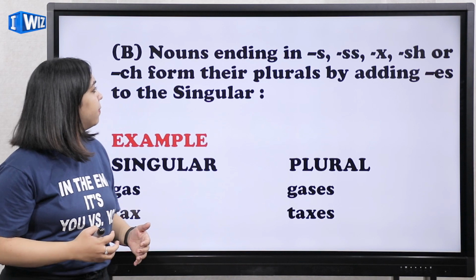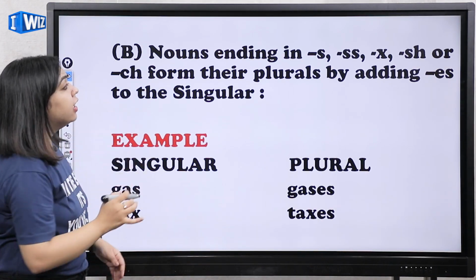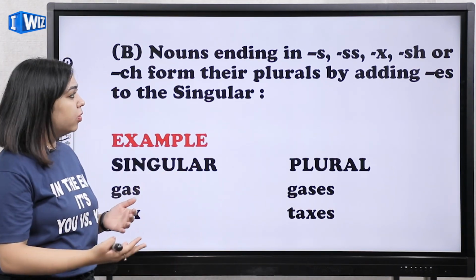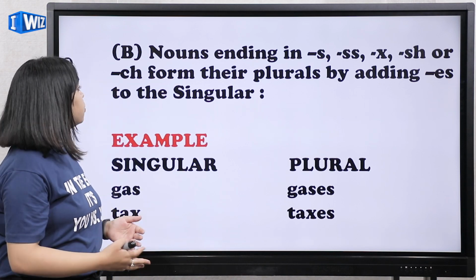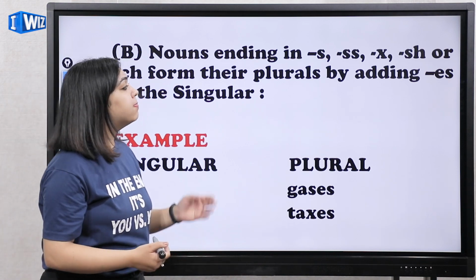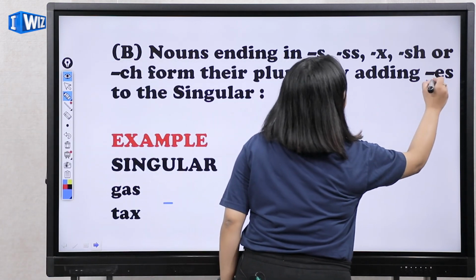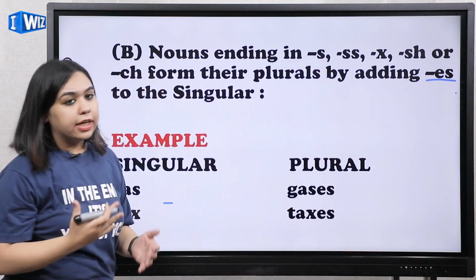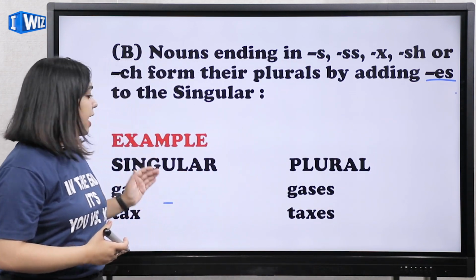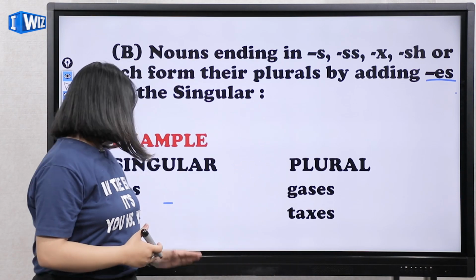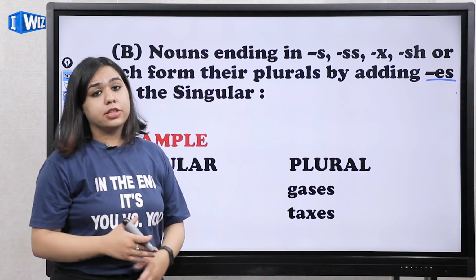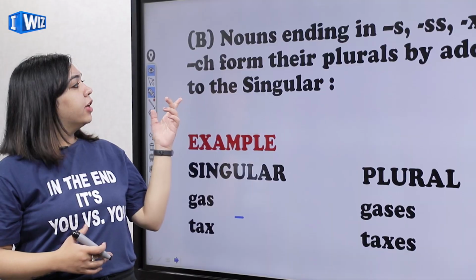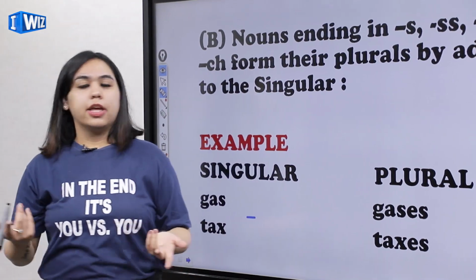The next type is the nouns ending in s, double s, x, sh or ch, which form their plurals by adding what? By adding es to the singular. For example, gas, gases, tax and taxes. If I give you an example of ch, let's think of a word.